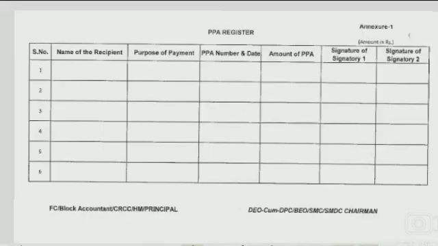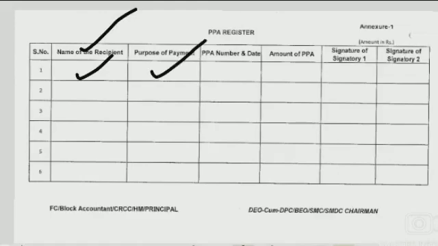Then this letter has been forwarded to all concerned, and you have to submit the PPA register with the UCs. Here you see the name of the recipient, serial number 1, to whom you have paid the money, the purpose of payment, for what purpose you have paid the money, PPA number and date. You can get it from the PPA register which you have maintained in your school, and the amount of PPA, how much money has been transferred by that PPA.